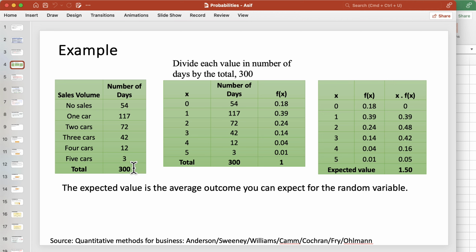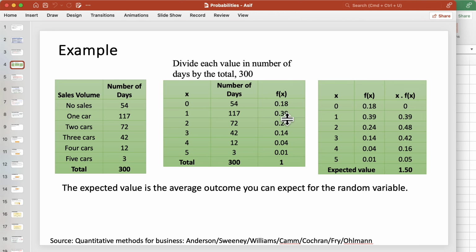300 days. If you want to calculate probability, our first step is to take the percentage of each. So I will divide each of these values by the total. So 54 divided by 300, that will be 0.18. 117 divided by 300, that will be 0.39. 72 divided by 300, and in this way we'll keep doing.